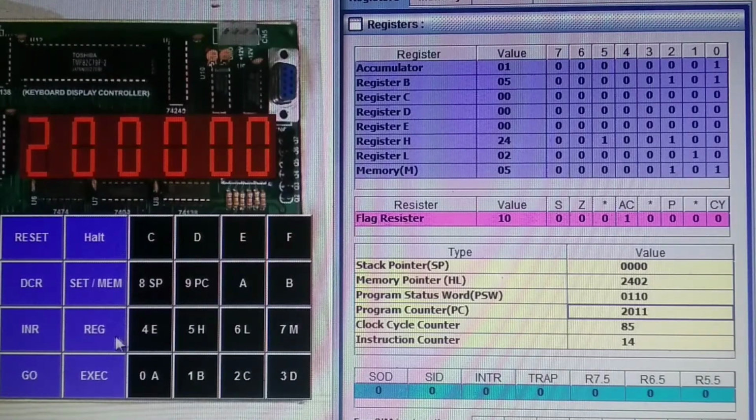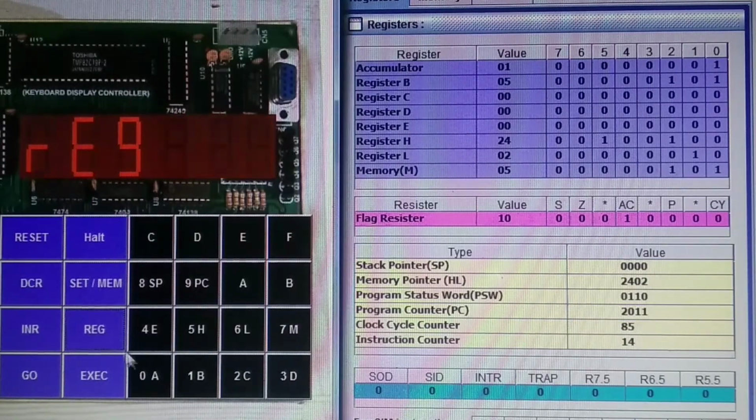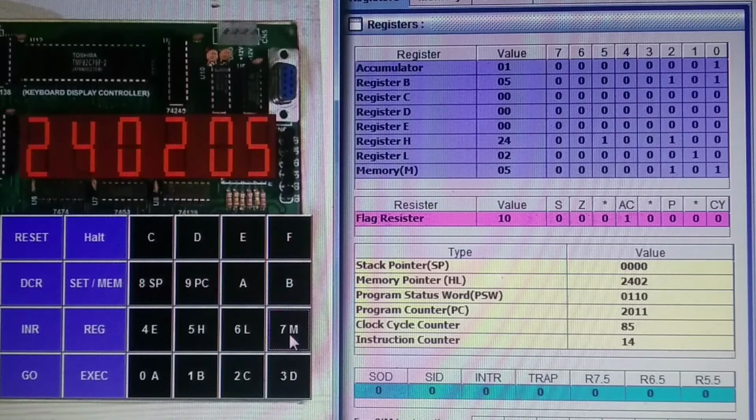Now to check the registers: register A, register B, register C, register D, register E, register H, register L, content of memory, and stack pointer and program counter.